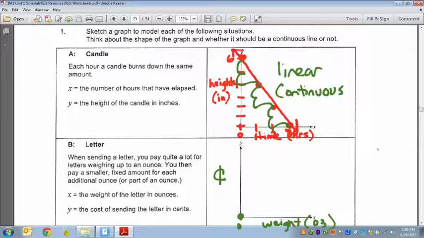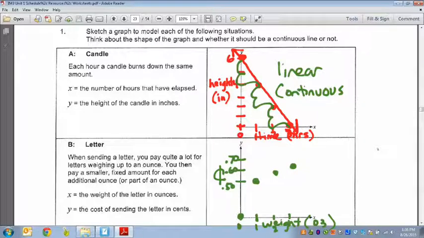But it says up to an ounce you pay quite a lot, so let's say 50 cents. It costs 50 cents to send something that's an ounce. But when you get to 2 ounces, the increase won't be as much. Let's say it's just 10 cents, so it's 60 cents. And then for every ounce after that, it's just another 10 cents.